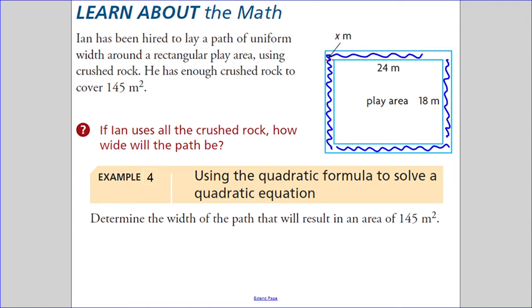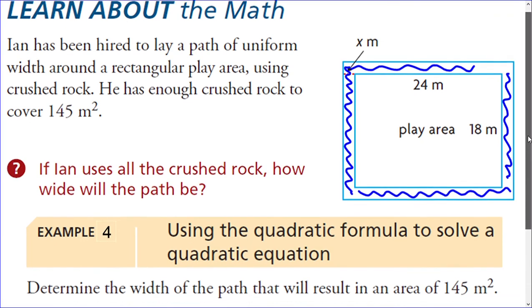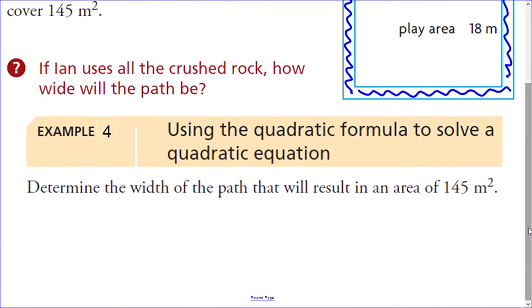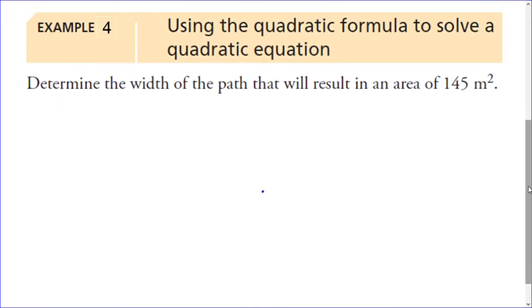All right, so with this one, we have to keep in mind what it is that we're looking for here. And we're just looking for that little strip around the outside. But that doesn't stop us from figuring out the total area and where we can start. We just have to keep in mind the middle part not really being needed.